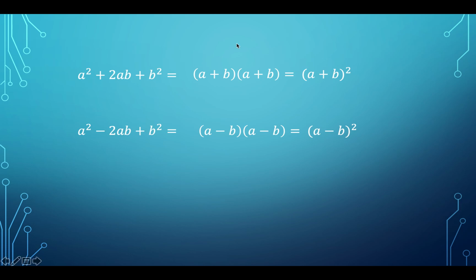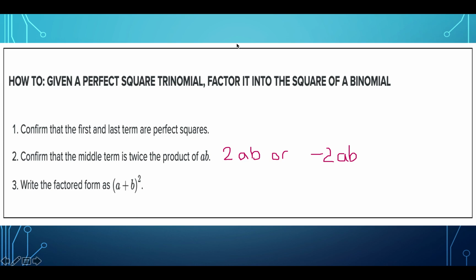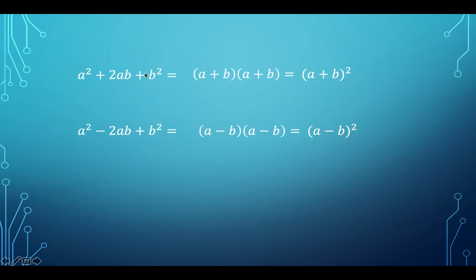Yes, they would. So we are going to confirm that the middle term is twice the product of a times b. First we confirm that the first and last terms are perfect squares. Then we rewrite it into the square form, and I'll show you how to do that in a second.